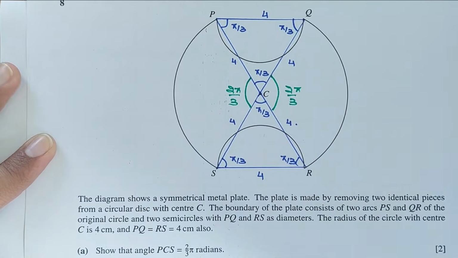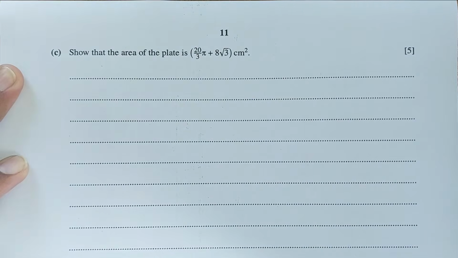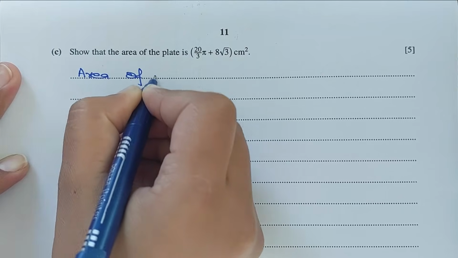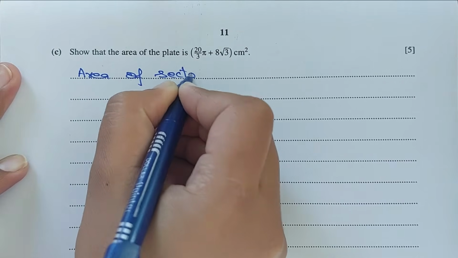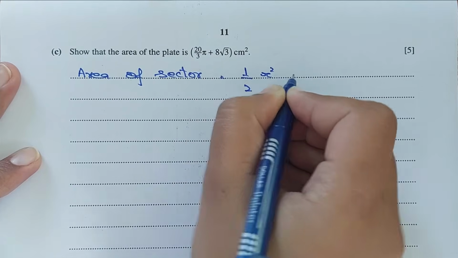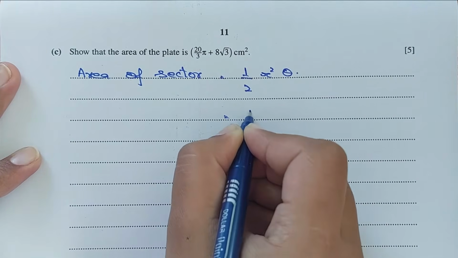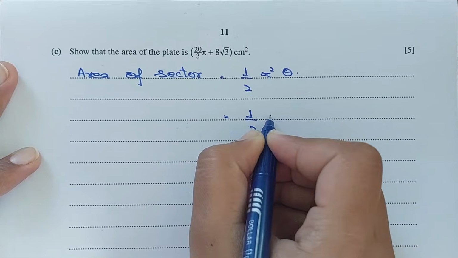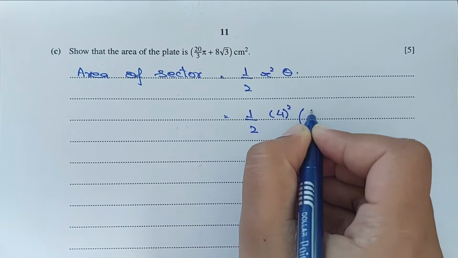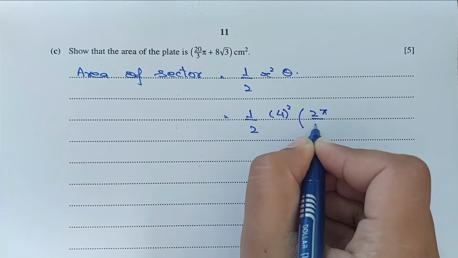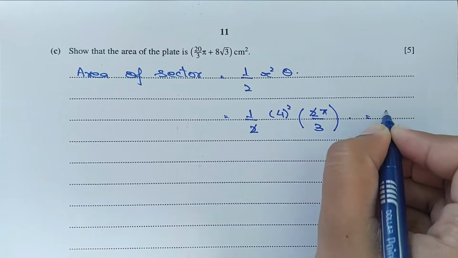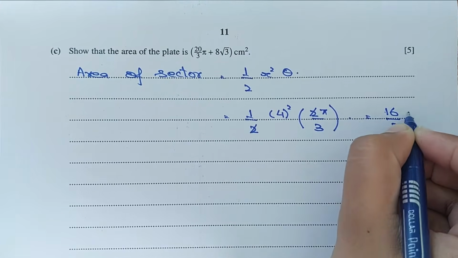The area of a sector of a circle is half radius squared theta. So we have half, the radius of the circle is 4, so 4 squared, and theta is 2 pi by 3.